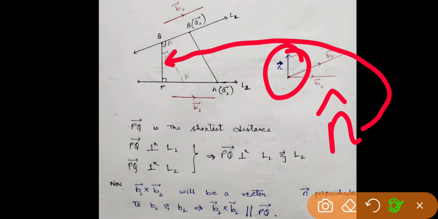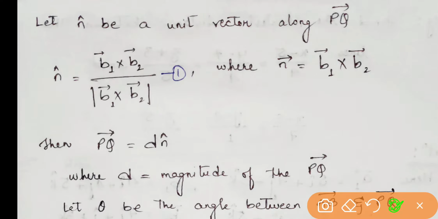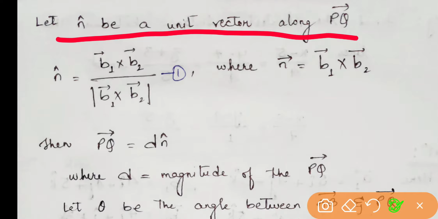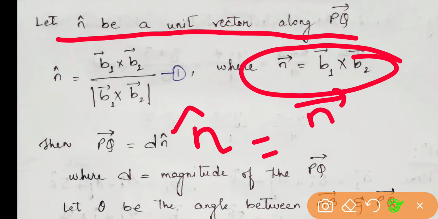Clear? We already got that b1 cross b2 is parallel to PQ. Now I am finding n cap. What is our n? b1 cross b2, from that figure it's clear. How do we find n cap? n vector by modulus of n vector, right?